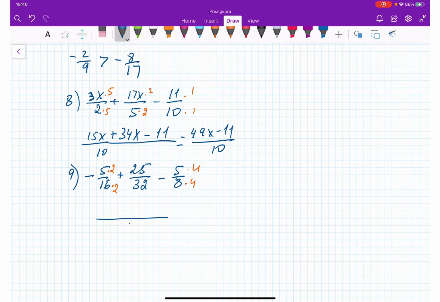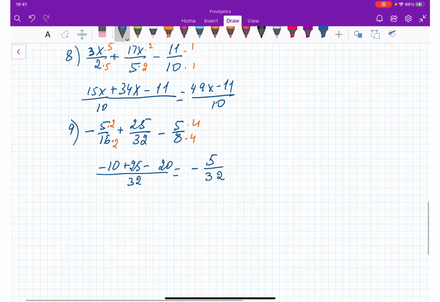So it will be negative 5 times 2, which is negative 10, plus 25, minus 5 times 4, which is 20. Negative 10 plus 25 is 15, and 15 minus 20 is negative 5 over 32. And this is our answer.